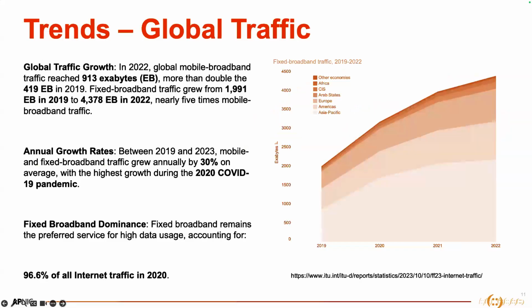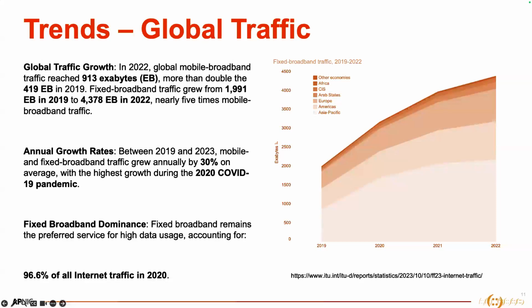Since we are talking about traffic and fiber, if we take a look at the trends of global traffic, we are seeing a huge increment day by day in the past couple of years.